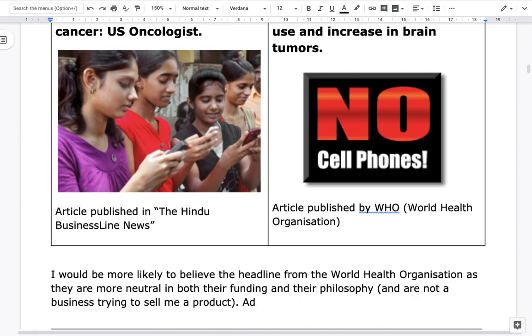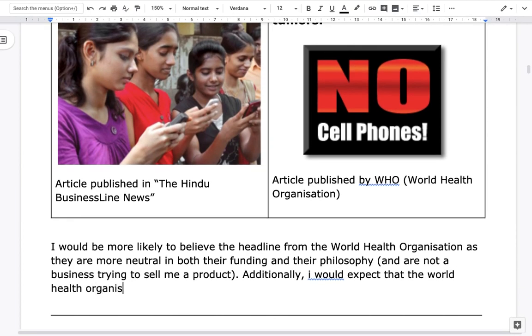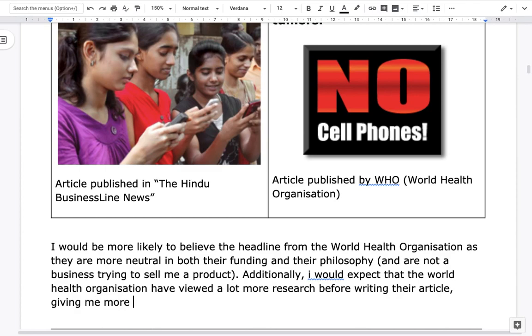On top of this, additionally, I would expect that the World Health Organization have viewed a lot more research before writing their article, giving me more confidence in their report. Okay.